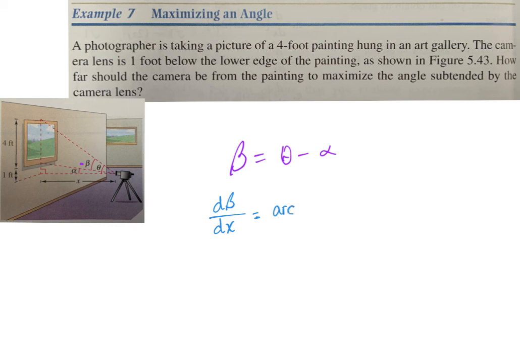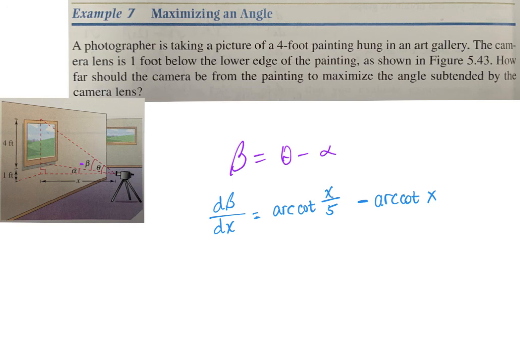The arc cotangent of this guy here, and then we're going to subtract the arc cotangent of the little alpha piece, which is x over 1, adjacent over opposite. So we would say arc cotangent of just x.